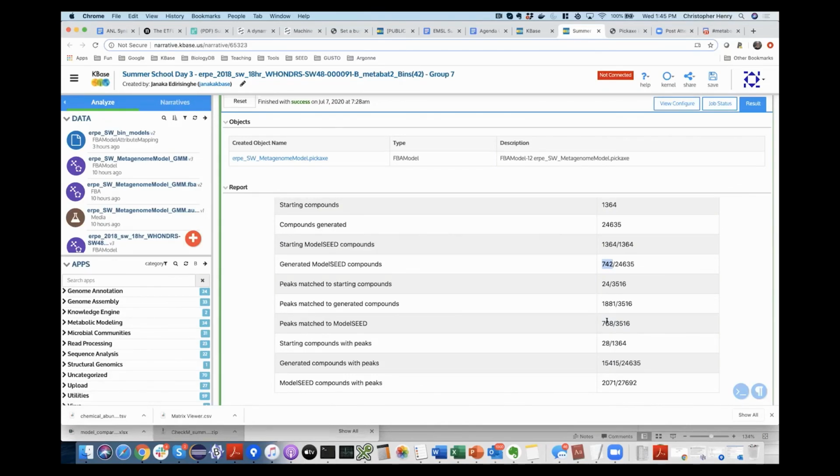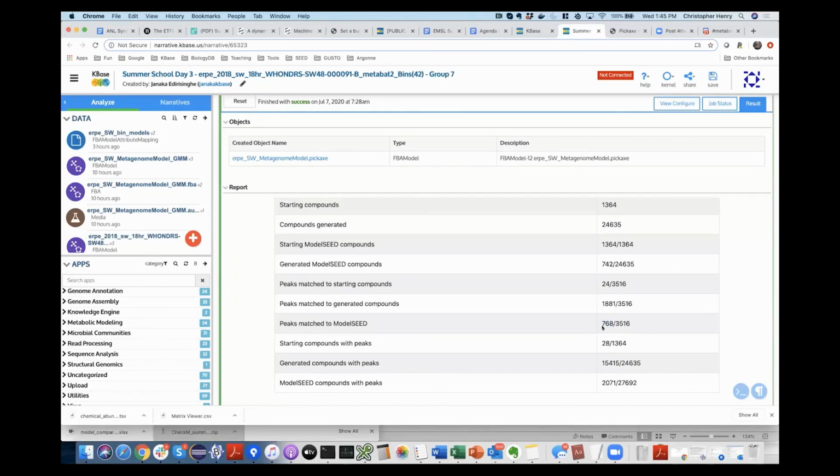So the next step in this, although it's not a tool we have in KBase at the moment, is to integrate the chemistry from Pickaxe and the ModelSEED into a model and try to activate and reach as many of these peaks as possible in a single flux solution. That's a tool we're working on now.